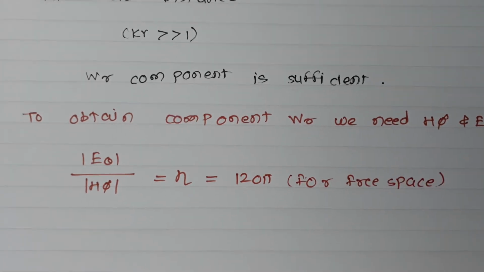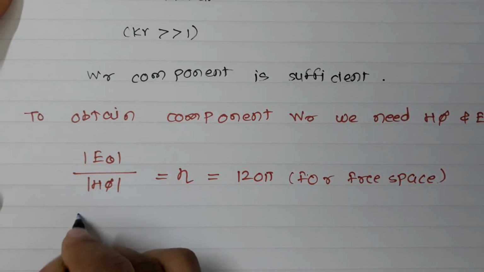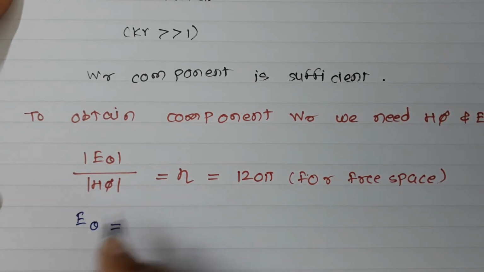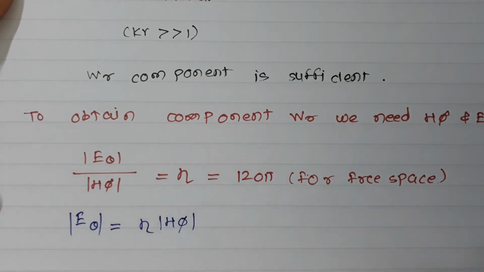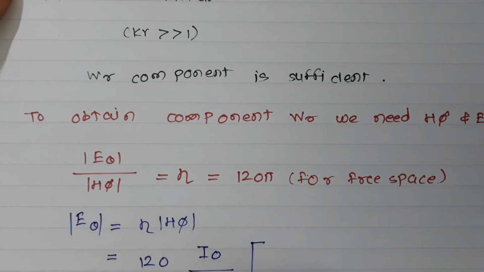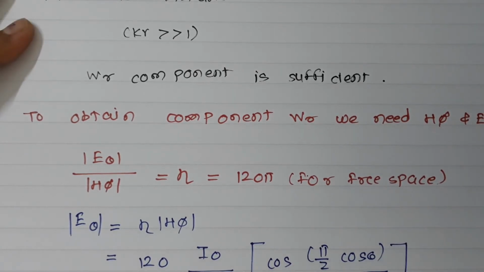So how are we going to find the E theta component? Mod of E theta is equal to eta times H phi. We have already obtained the H phi component, so here we can write 120 pi times I0 divided by 2 pi r, cos of pi by 2 cos theta divided by sine theta.